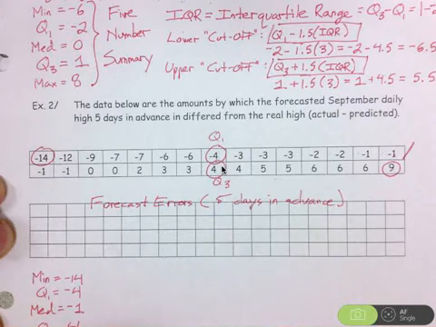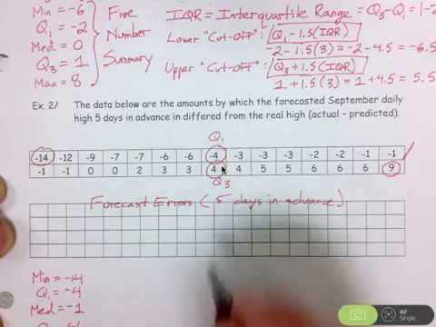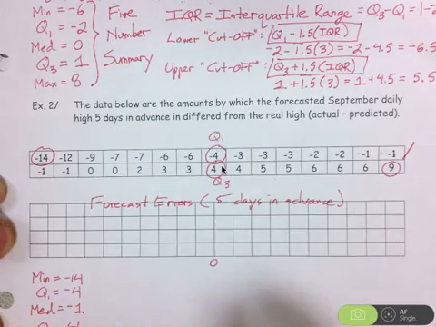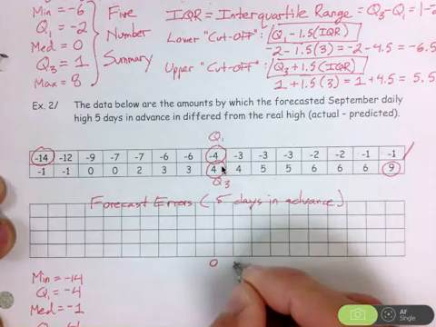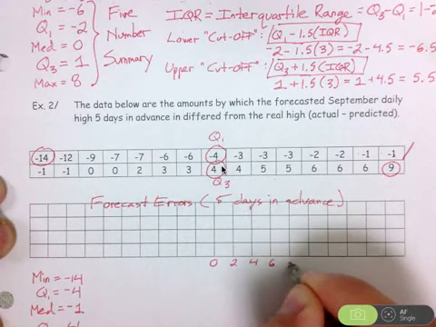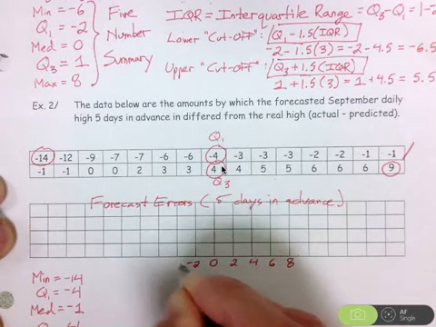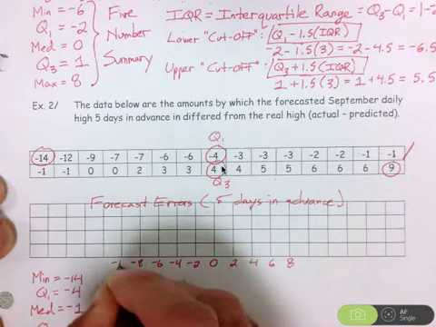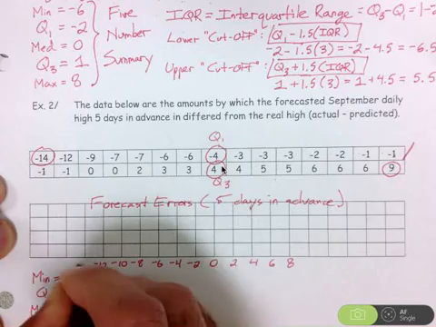Let's say we put 0 here in the middle. In order to accommodate these larger values, I'm going to have to go by 2s. So it's important to always label your scale. 2, 4, 6, 8, -2, -4, -6, -8, -10, -12, and -14.